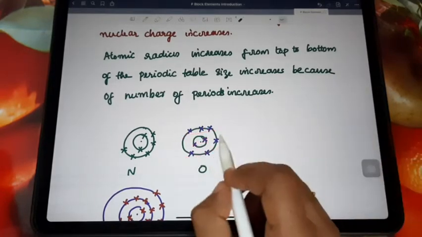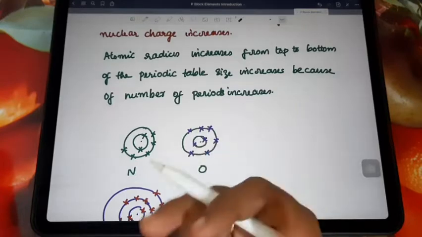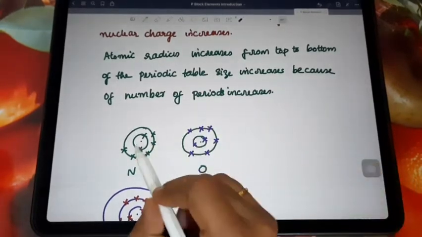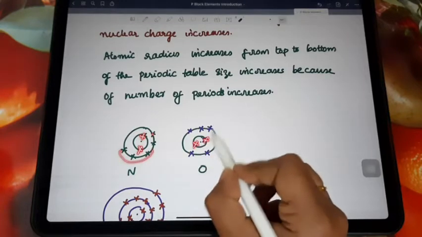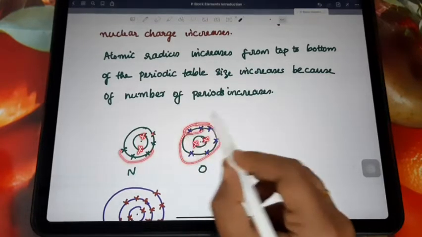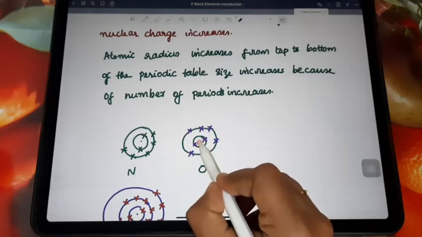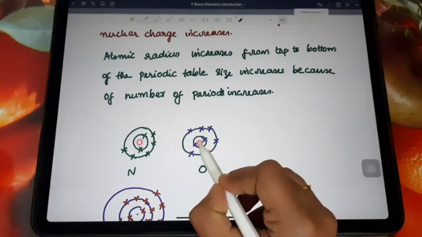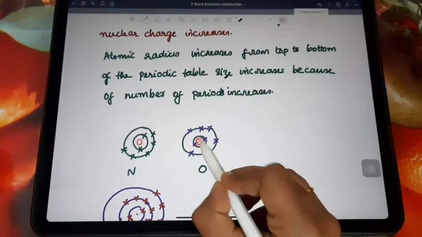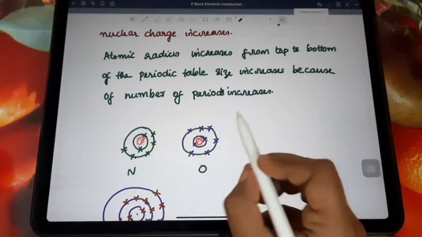You can see which one has more effective nuclear charge. Here there are 2 electrons and 5 electrons, but here 2 electrons and 6 electrons in the next shell. So this positively charged center, the nucleus, has a 6 positive charge here and a 5 positive charge here.